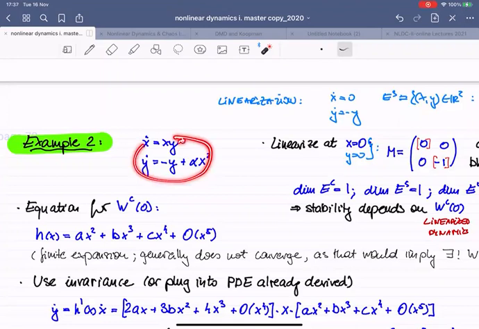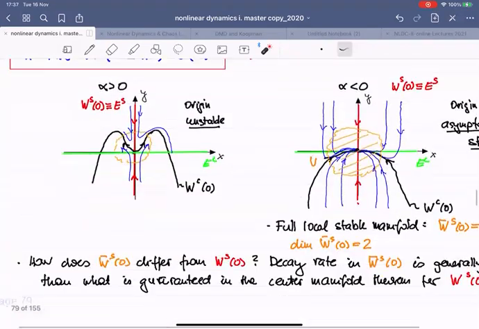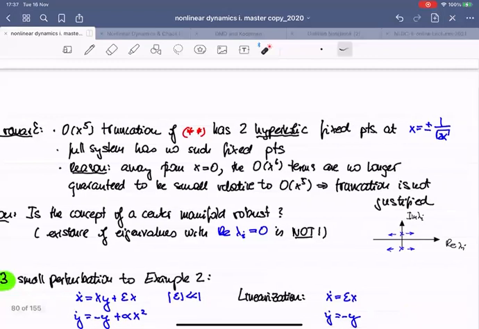So your reduced order model, if you take it too seriously and you start extending it into domains where you have no a priori reason to ignore higher order terms, can give you completely misleading information in those domains, right? So these are the 2 fixed points that it would incorrectly predict. And the reason is that, like I said in the notes, they're no longer tiny. They're no longer guaranteed to be small. So the truncation in that regime is not justified.